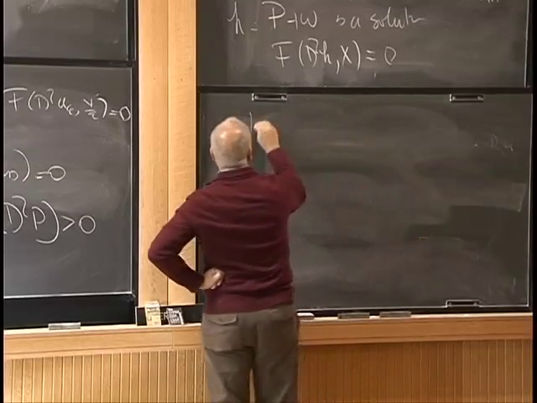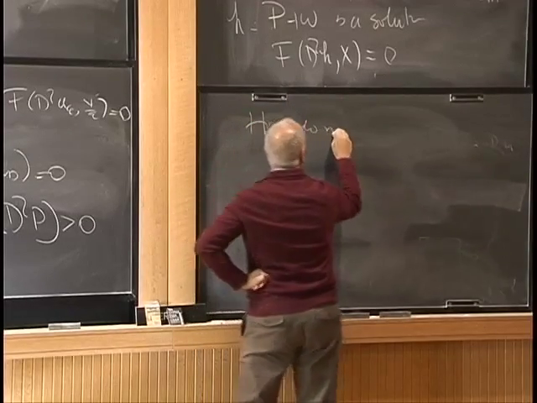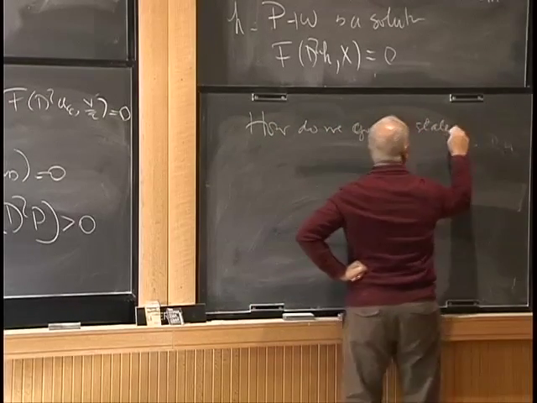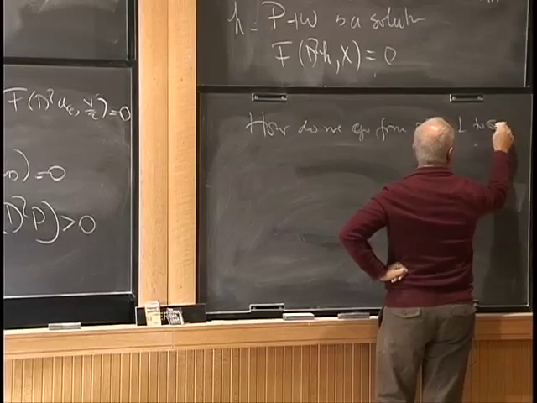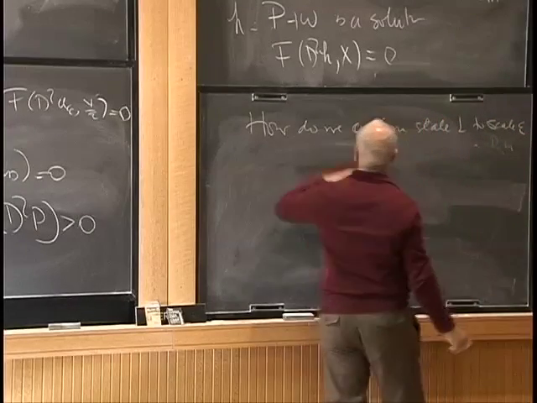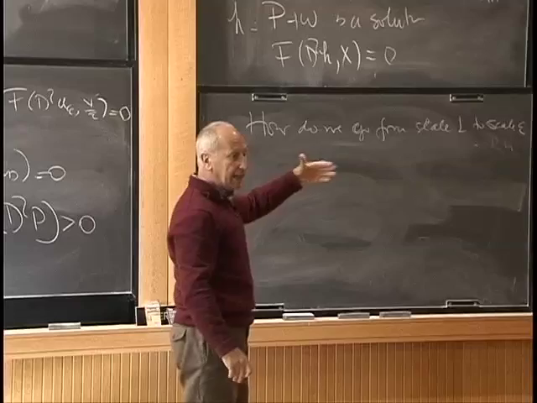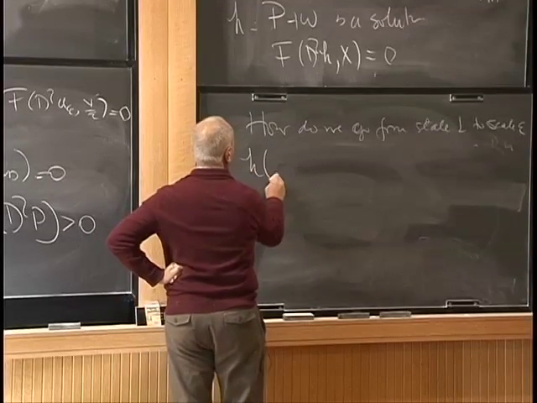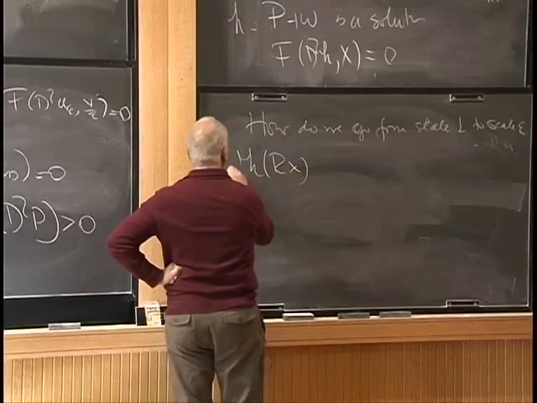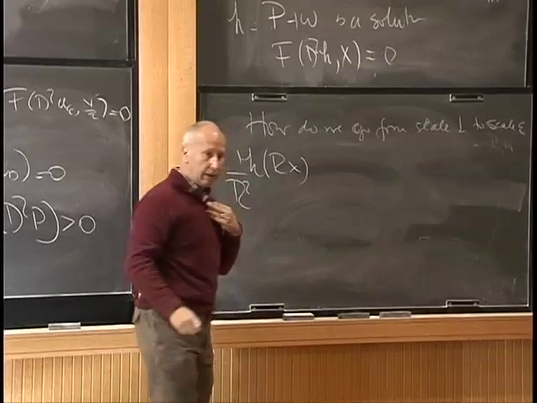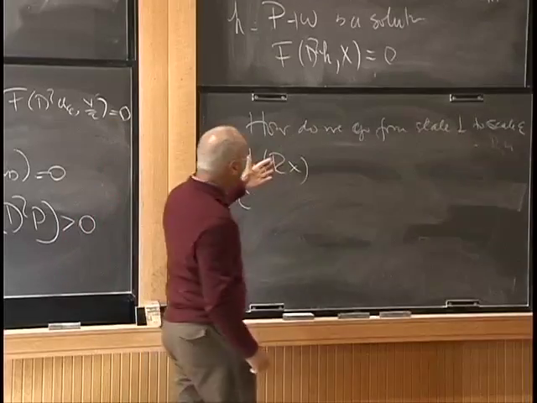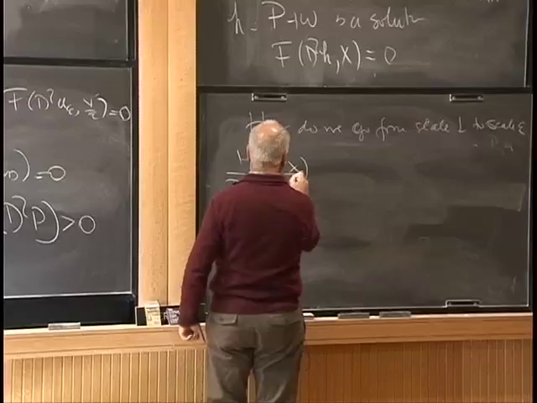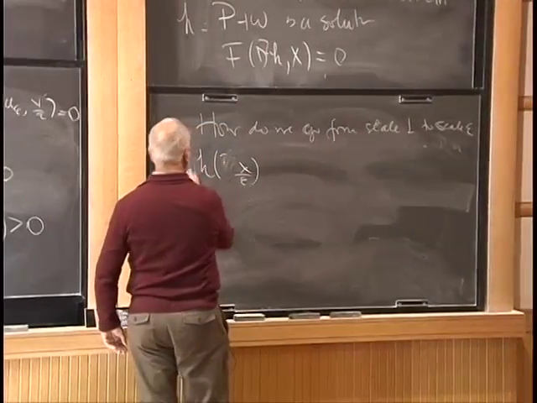So how do we go from scale 1 to scale epsilon? Well, the natural scaling is to do h of Rx over R squared. That allows you to look at h far away. So if I want to do epsilon, I do h of x over epsilon squared.